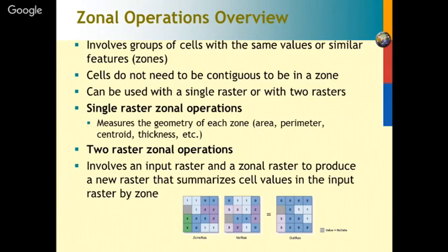But in zonal operation, those grids can be at different locations, but all of them have to be categorized in a single zone. So that is the difference between the focal operation and the zonal operations.